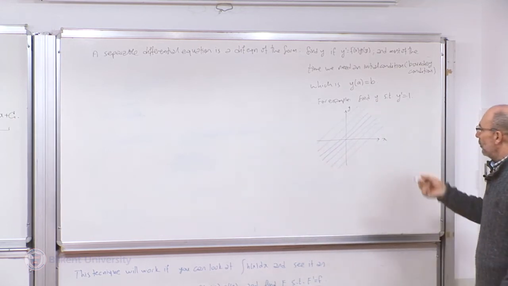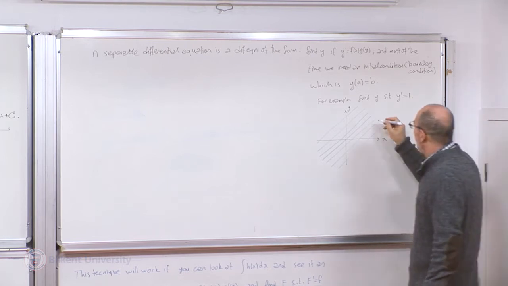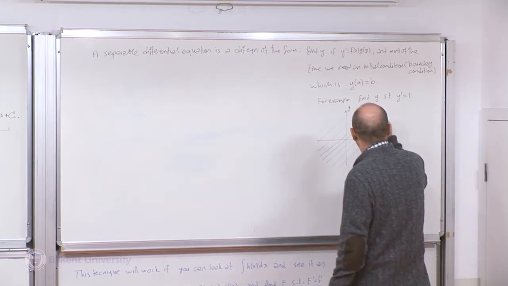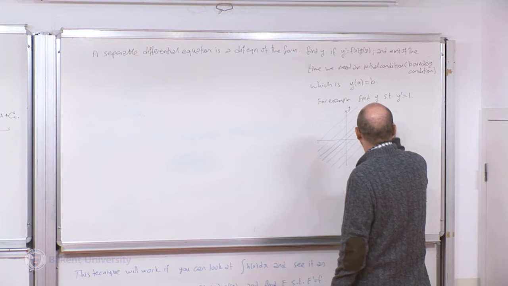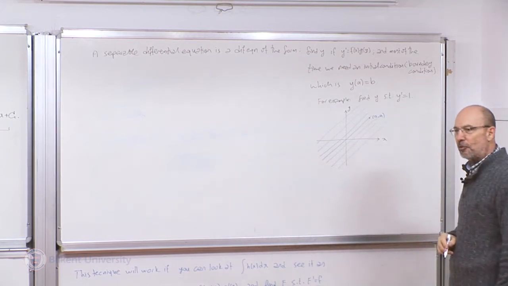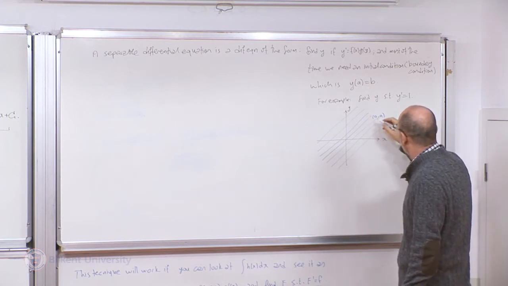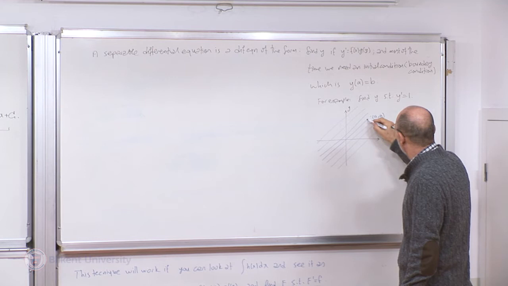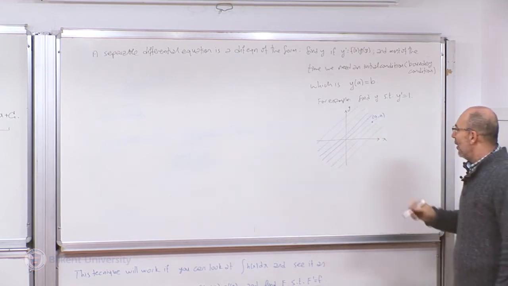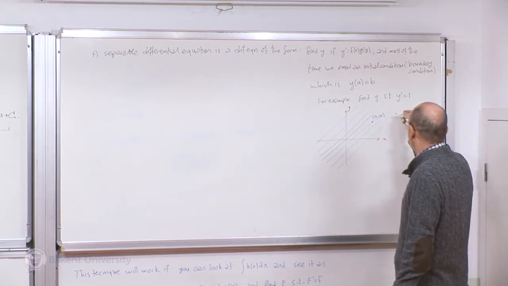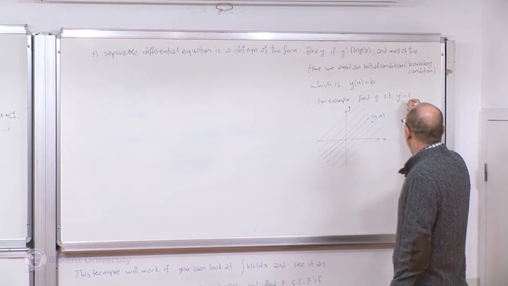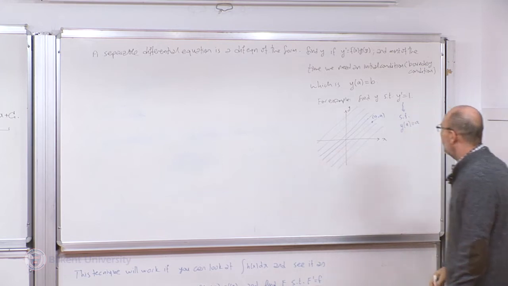So which solution do you want? You say, okay, here is a point. This is the point, say A. Since this is y equals a, I want this solution. Well, I picked a bad one, so let's choose this one. So we can say such that y of a is equal to a.